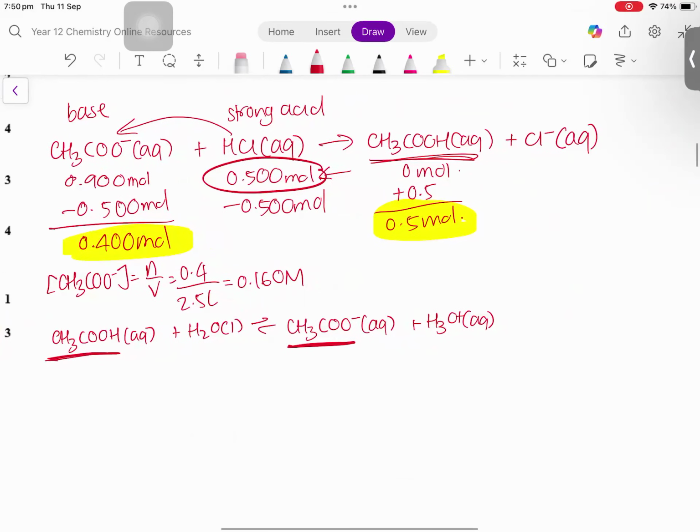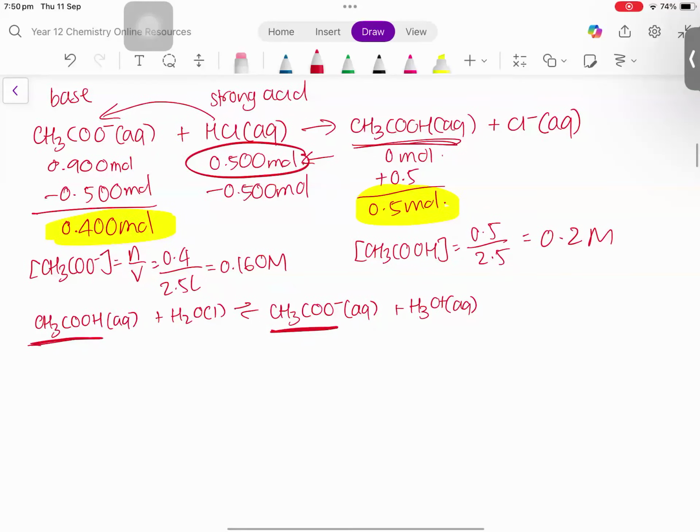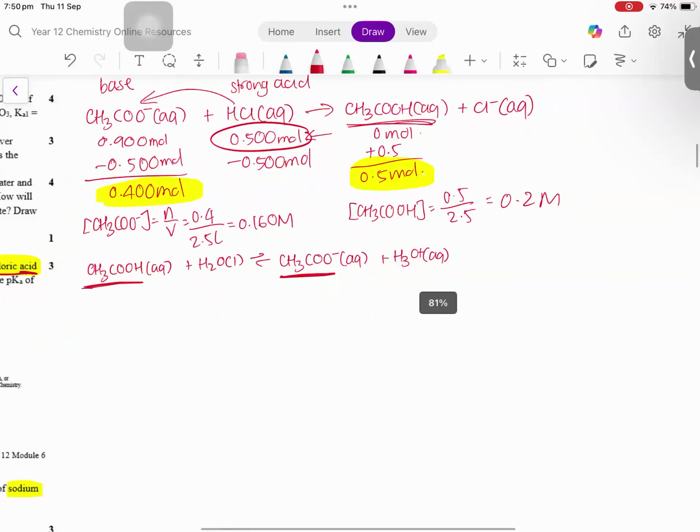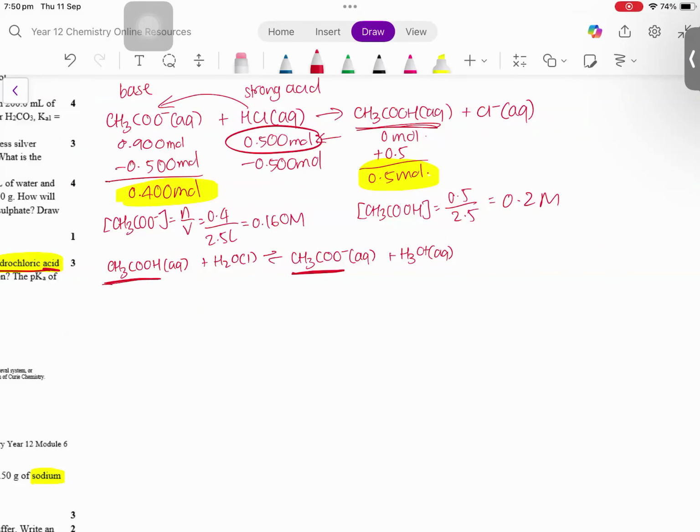And then for the acetic acid, CH3COOH, you'll get 0.5 divided by 2.5, and that'll be 0.2. Yes. Okay. You've got both components now. You pop it straight into the ice table for this.